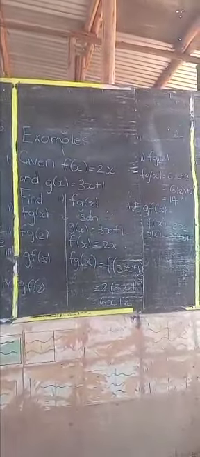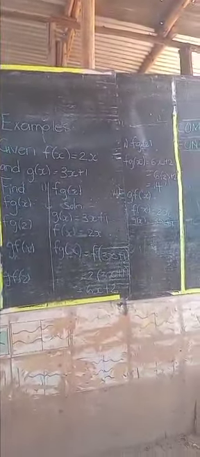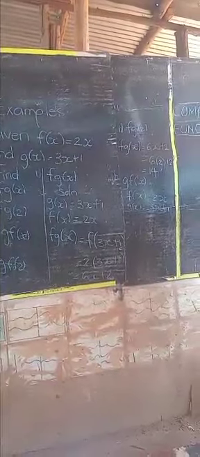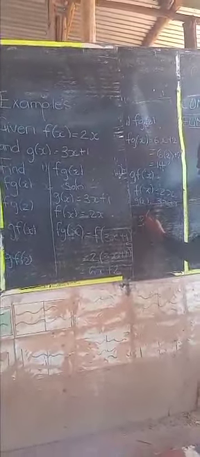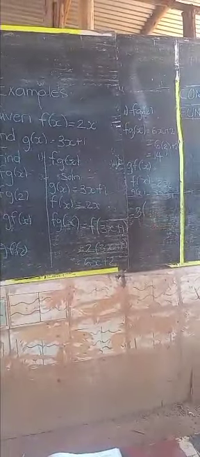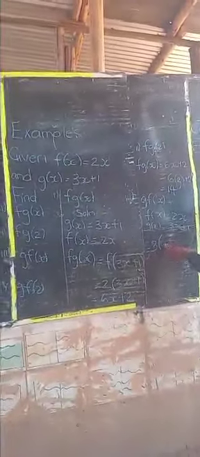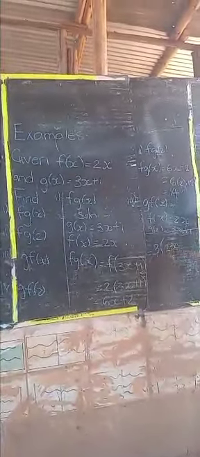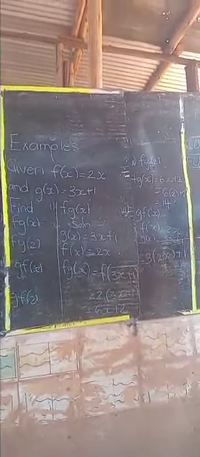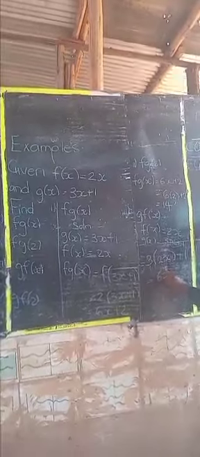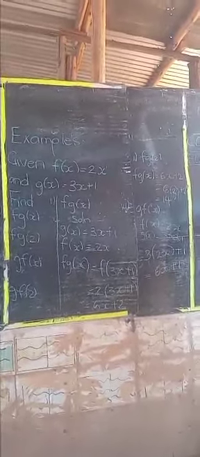So we put our outer function out, which is 3 into, don't forget to put the equal sign, then you substitute in the inner function, which is 2x, then plus 1, which is 6x plus 1.